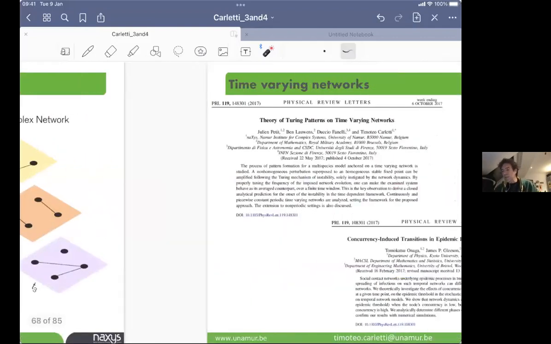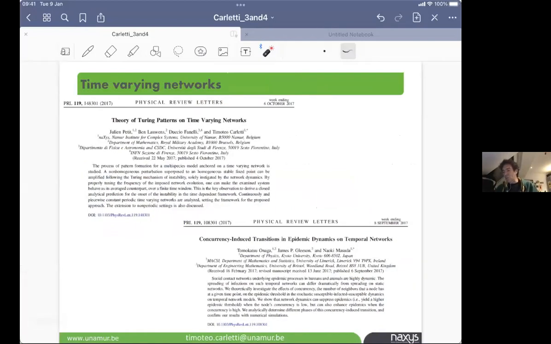In this case, I quoted 2 papers, one from my group again, another from another group, in Ireland, in Japan, or now in the US, where we studied the emergence of Turing patterns on time-varying networks, but also the effect of time-varying networks on epidemics. In these 2 papers, it has been proved that the time variability in the network can induce this heterogeneity.